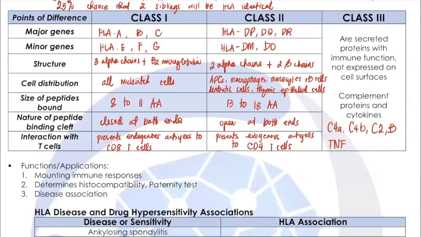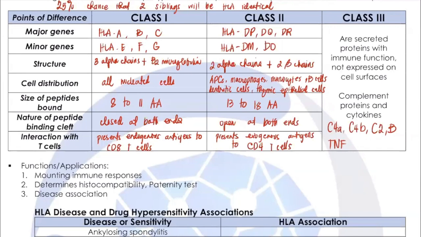So meron kasing mga disease kumbaga na namamana through these particular loci ng mga MHC. So we have here a list of diseases and drug hypersensitivity that are associated with certain HLA loci.